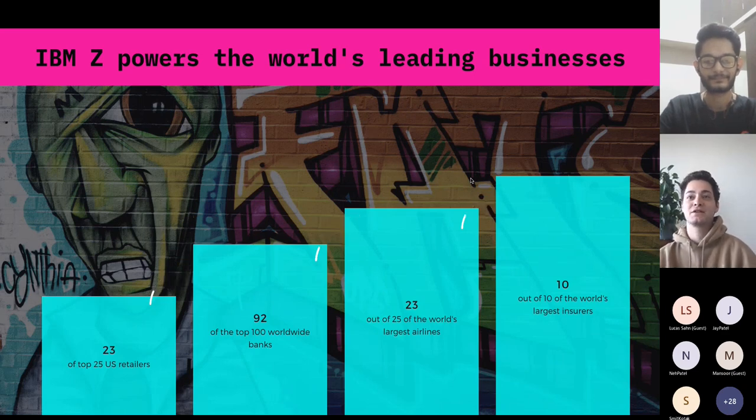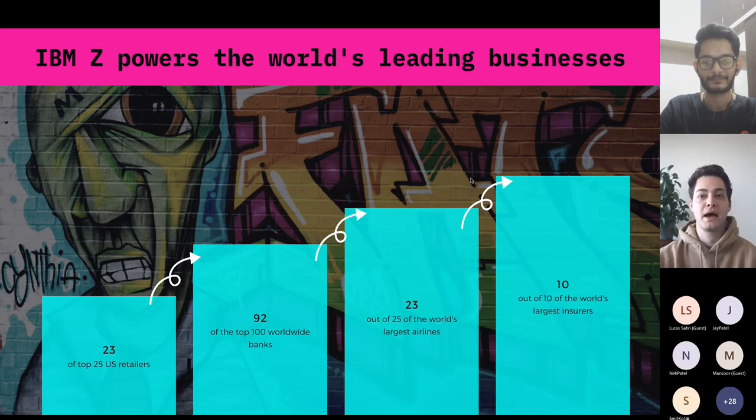So you might be surprised to learn that IBM Z mainframes are actually powering 23 of the top 25 US retailers, 92 of the top 100 banks in the world, 23 out of the top 25 airlines in the world, and all 10 of the top 10 largest insurers in the world.